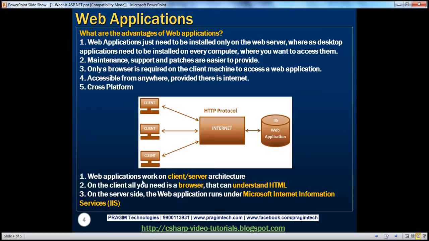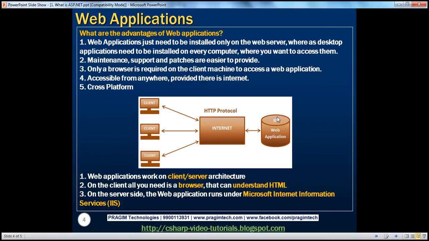On these client machines, all I need is a browser that can understand HTML, and I install the web application on the web server. Now if it's an ASP.NET web application, on the web server you install something called IIS, Internet Information Services, which we'll be talking about in a later session. So IIS is basically used to host Microsoft ASP.NET web applications. So ASP.NET web applications run under IIS.